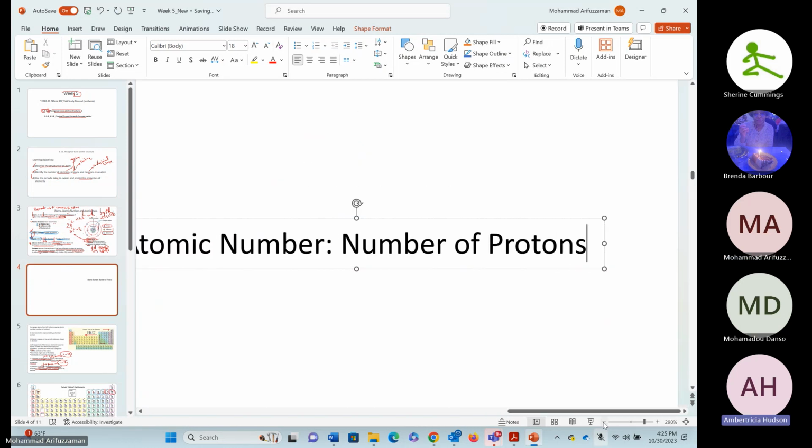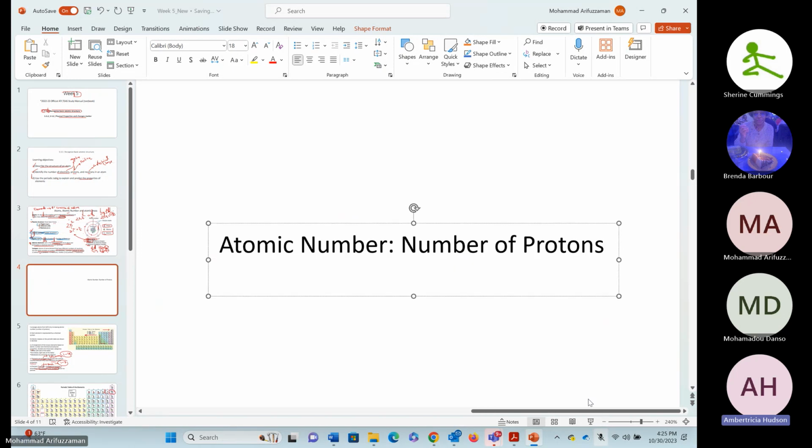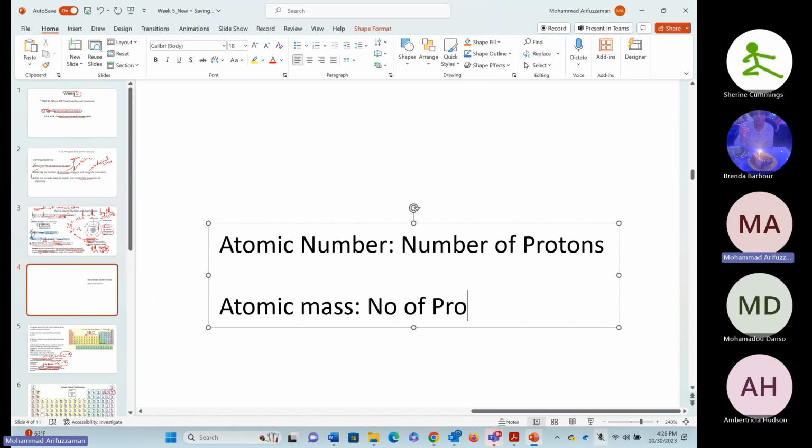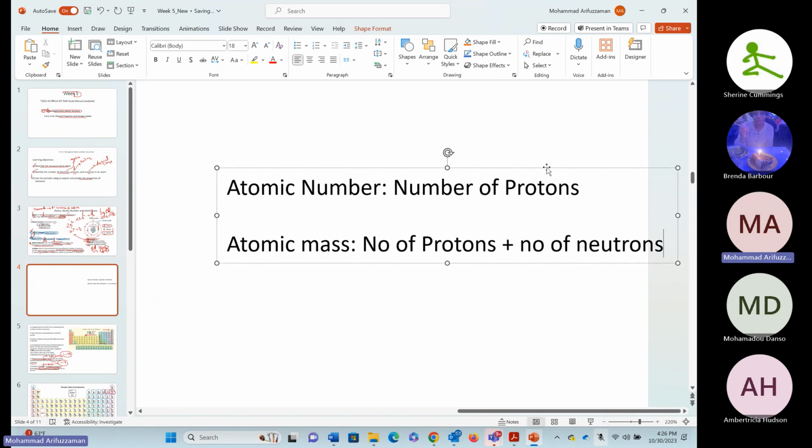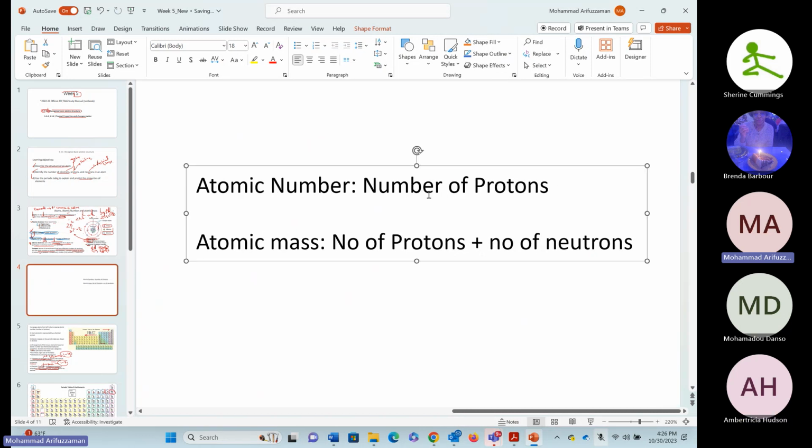Atomic mass is protons and neutrons: the number of protons plus the number of neutrons. Please don't forget, this is a very common question in these exams.